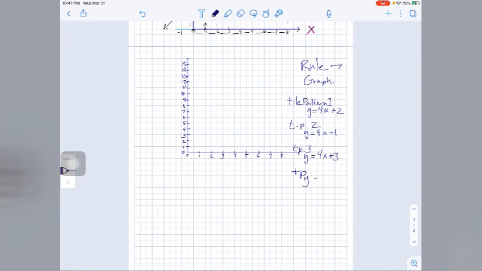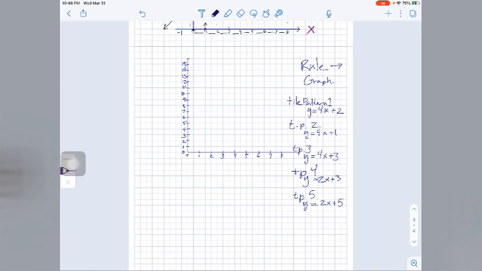Y equals 2x plus 3, and that's tile pattern 4. And then we're going to call the one that Mr. Kilmer just made up that we put in our notes tile pattern 5, and that was y equals 2x plus 5. So let's go ahead and graph those.